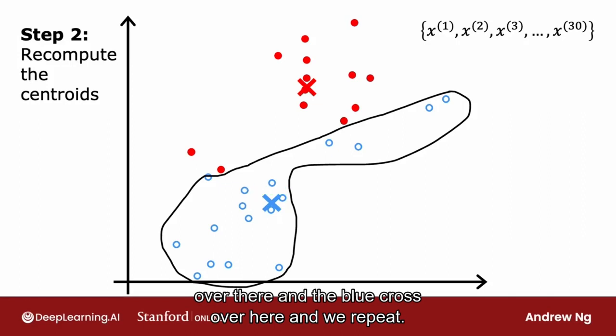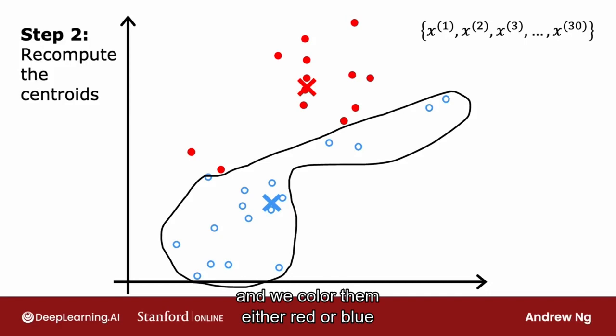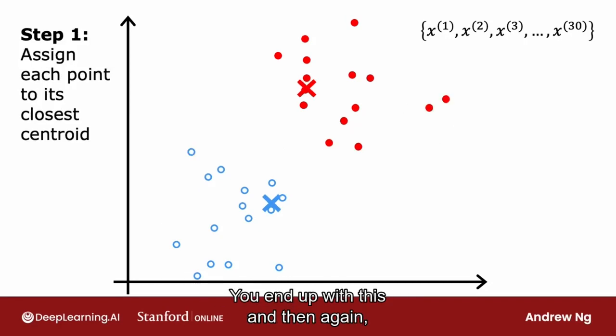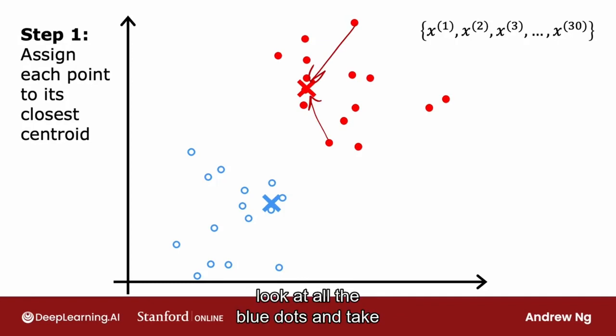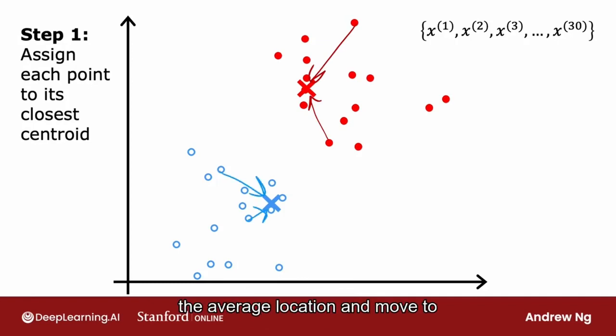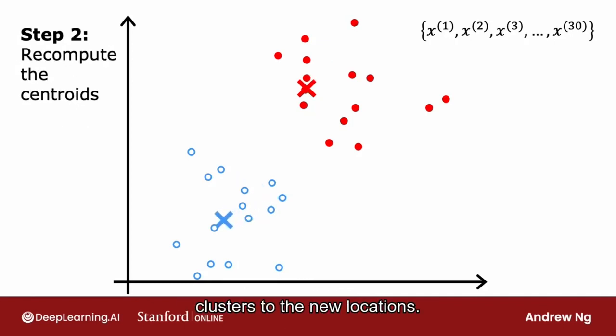And we repeat. Let's look at all of the points again and recolor them, either red or blue, depending on which cluster centroid it is closer to. So you end up with this. And then again, look at all of the red dots and take their average location, and look at all the blue dots and take their average location and move the clusters to the new locations.